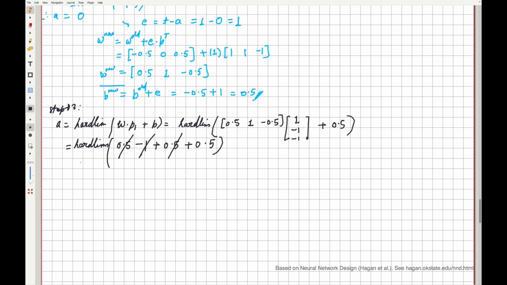What we are left with is hardlim of 0.5, and that gets us the value of a to be 1. Now, is that correct?